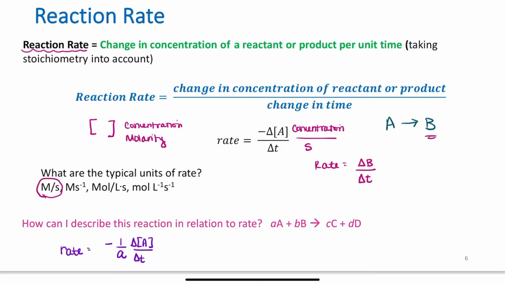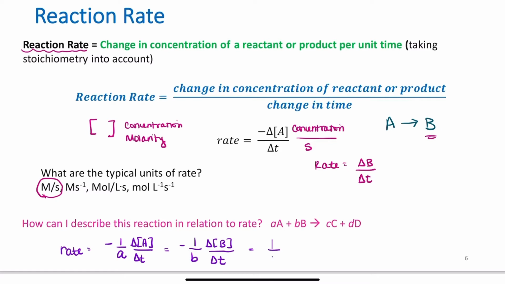So you take that coefficient, that molar ratio, 1 divided by that to account for it in the whole reaction. It's negative because it's a reactant. This will equal negative 1 over b times the change in concentration of B over change in time. Note that the fraction I'm using is your molar ratios, so the lowercase letters, and the concentration is the substance itself, so the capital letters.